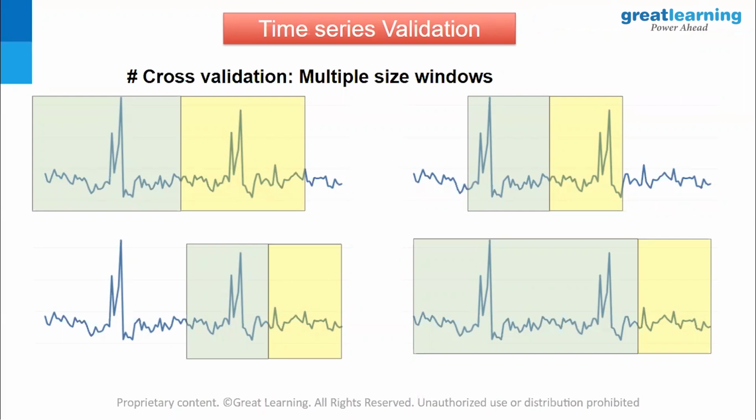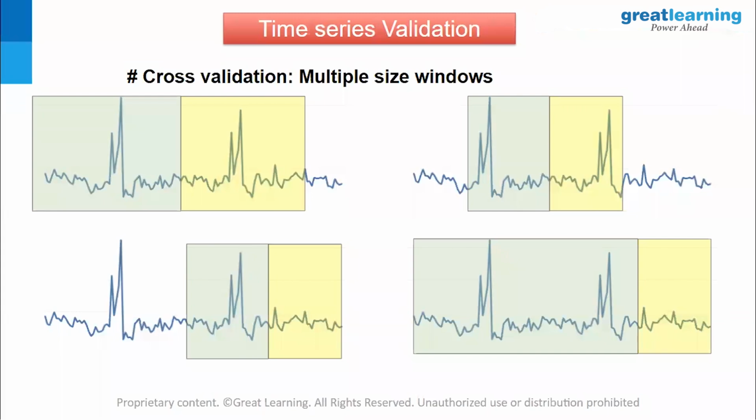When you look at your data, you see what the local spikes are, what the global trends are, and based on that you can set your validation window, and you can do some sort of cross validation. Whatever score you get through cross validation, you might average it out, and then you can define the performance of that model, right?